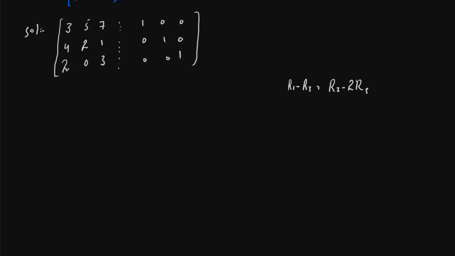See, when we subtract R1 from R3, then we will get 3 minus 2, and the answer will be 1. And when we multiply that with 2 and subtract that, 4 minus 4, we will get 0.